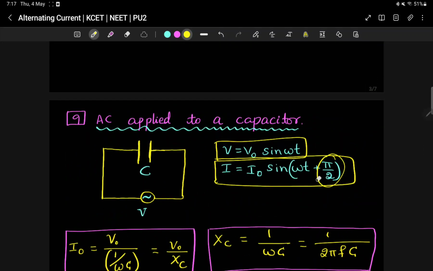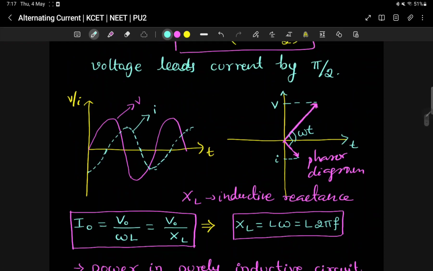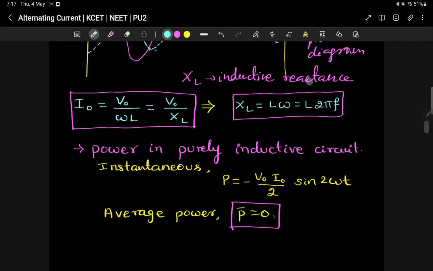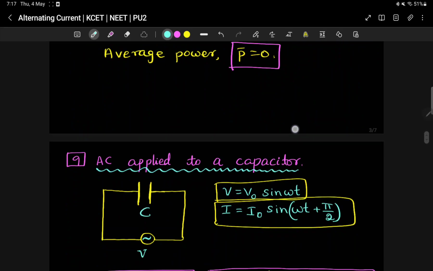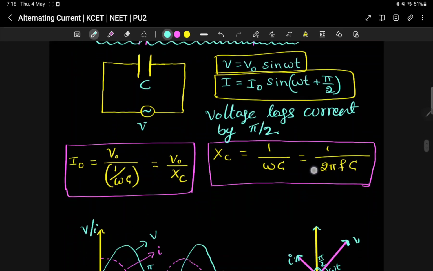This means current leads voltage by pi by 2, or you can write, since I have written voltage leads in the same manner, here voltage lags current by pi by 2.